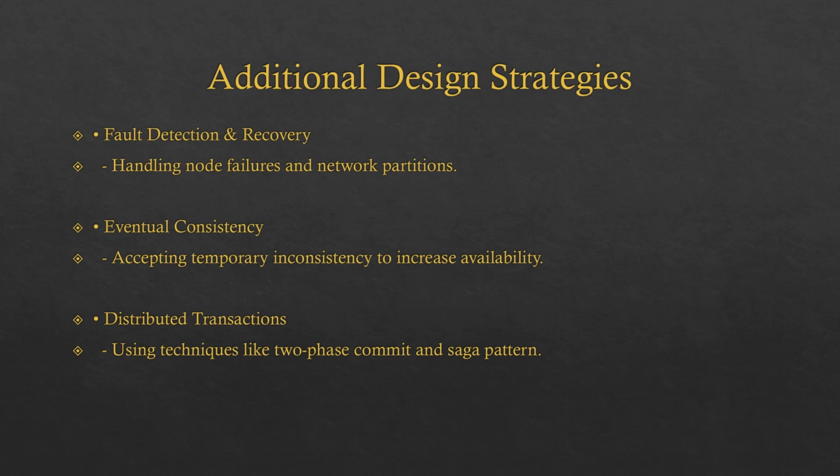This is often used to improve system availability. Distributed transactions. Complex systems may require techniques like two-phase commit or saga pattern to ensure transactions across multiple nodes are consistent and reliable.